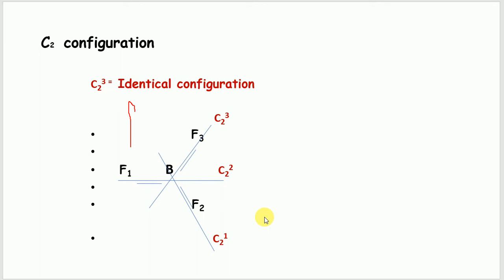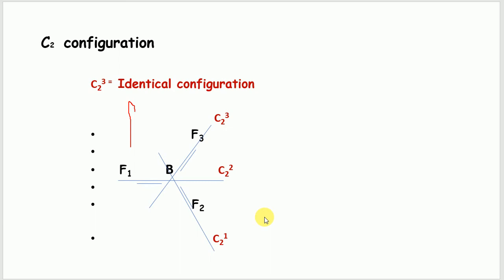If two or more axes of symmetry are present in a molecule, then the axis with higher fold, or axis of higher order, is considered. There are two orders, 2 and 3, C2 and C3.